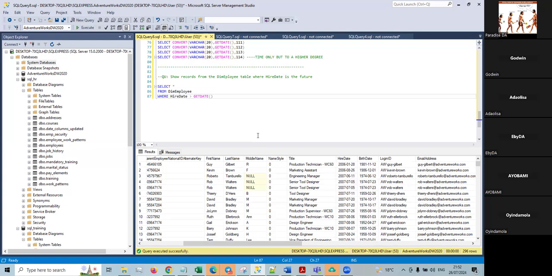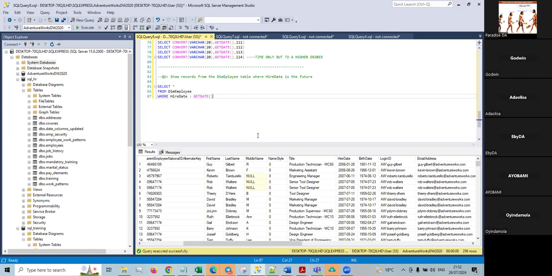Basically, when you have a question like this, this is just the query you write. The question says where hire date is in the future. So from today, any day after today is the future. Any day before today is the past.